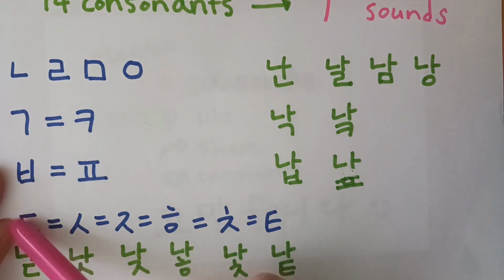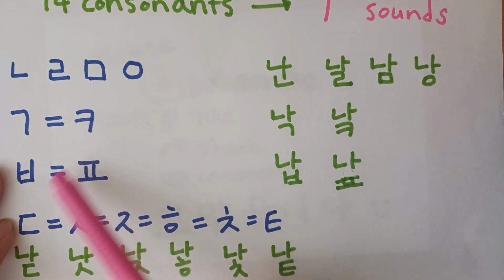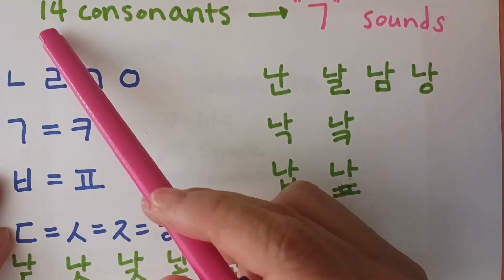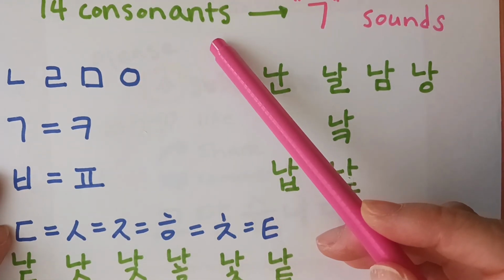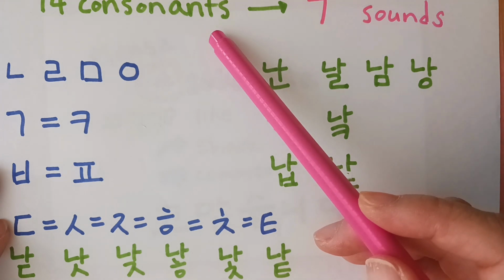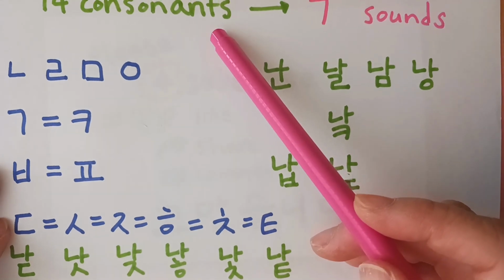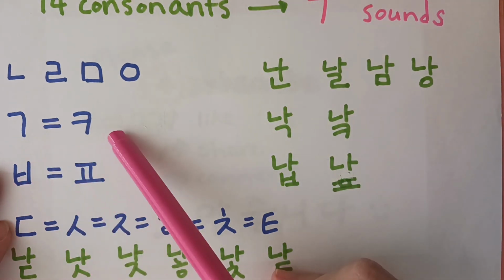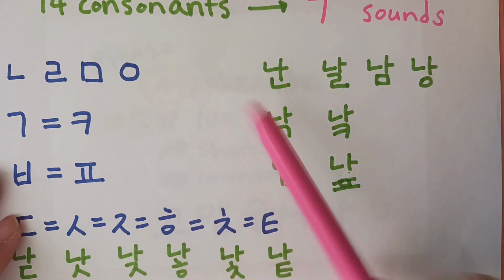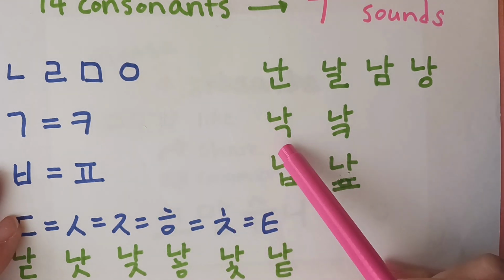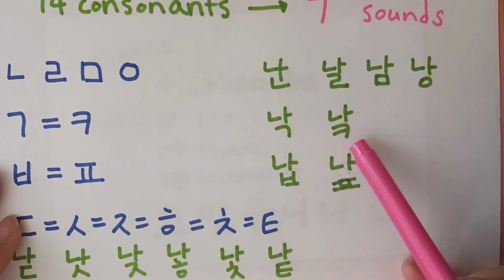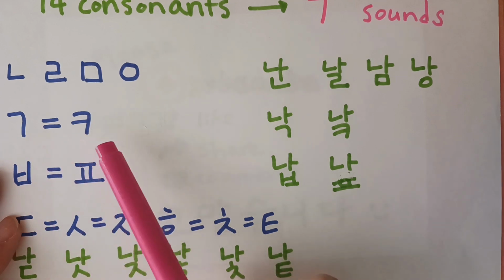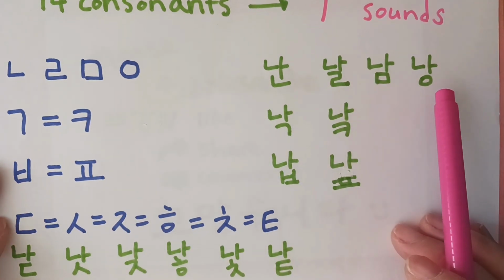And here is the list of the final consonant pronunciations that we simplify. Why? Because with 14 consonants, when they become final consonants, it is really impossible to pronounce every single one differently. For example, g and k will sound exactly the same, such as na and nak, exactly the same, because it's just too tricky to pronounce them differently as final consonants.